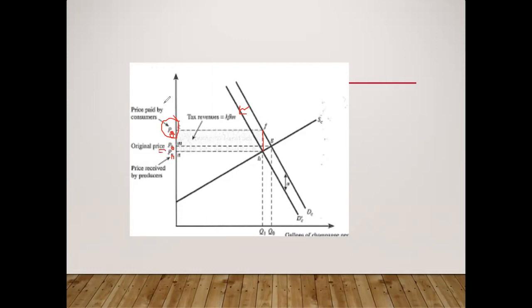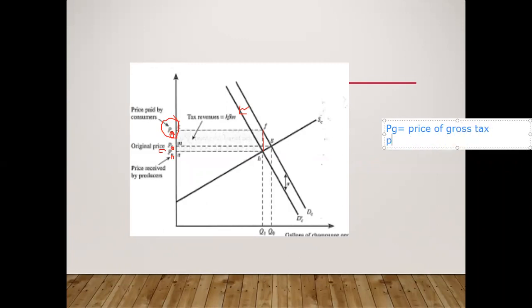This is the price gross of tax. PG is the price gross of tax, and PN is the price net of tax.